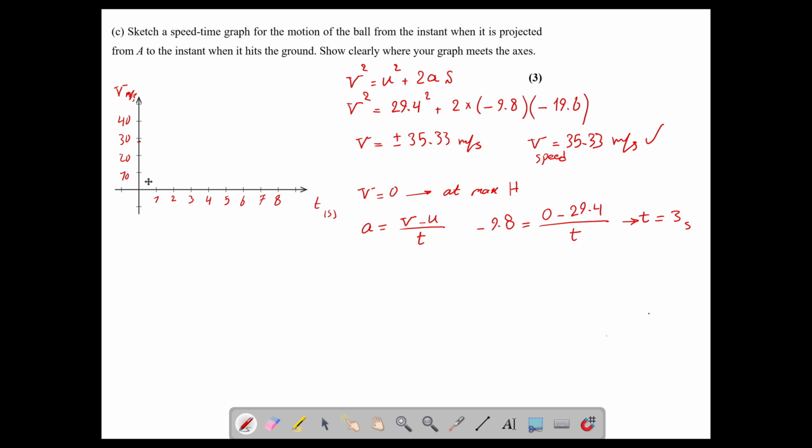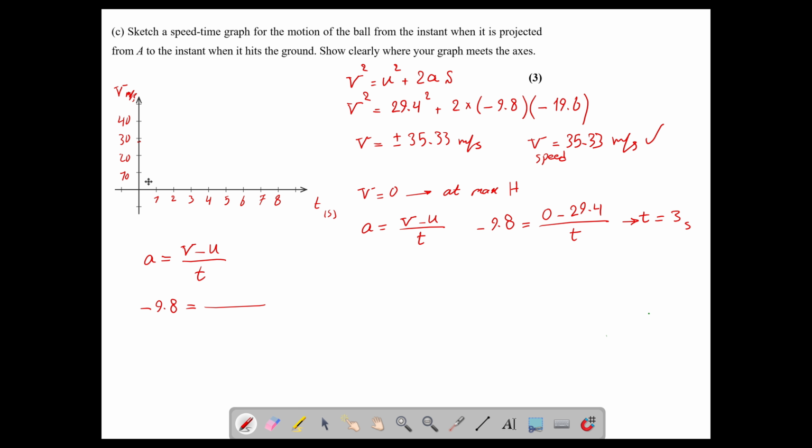And last thing is to find the time that it hits the ground. So when it hits the ground, our velocity, not speed, our velocity is downward. So it is minus 35.33 meters per second. Okay, therefore, again from the acceleration formula, a equals v minus u divided by t. When it hits the ground, again, we use the information related to the initial velocity.